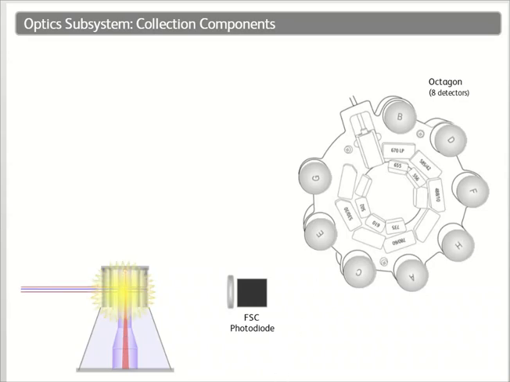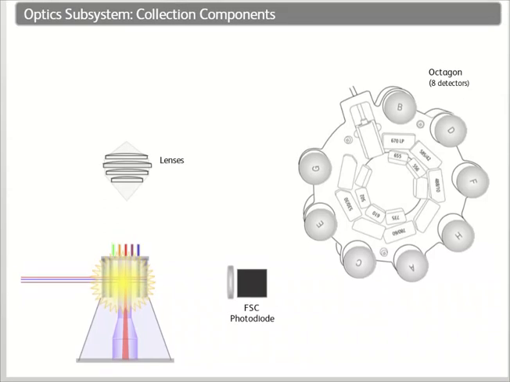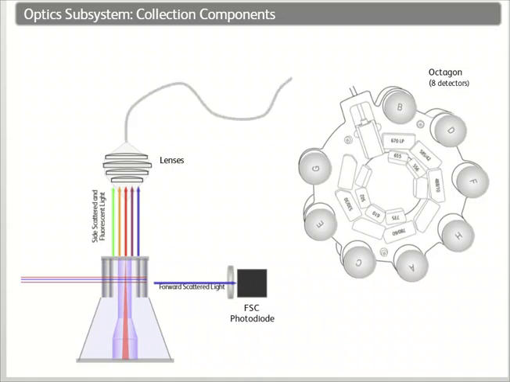When particles pass through the laser interrogation points, they scatter light. Any fluorescent molecules present on the particle fluoresce. Appropriately positioned lenses collect scattered and fluorescent light. The collection components steer the scattered and fluorescent light to the appropriate detectors.